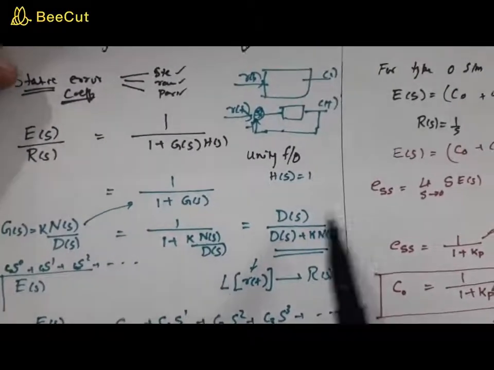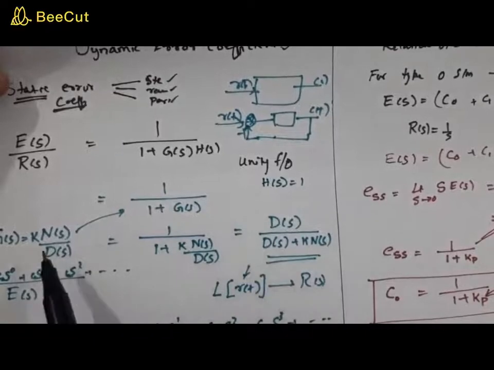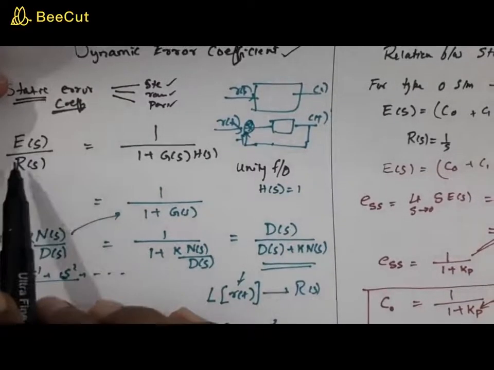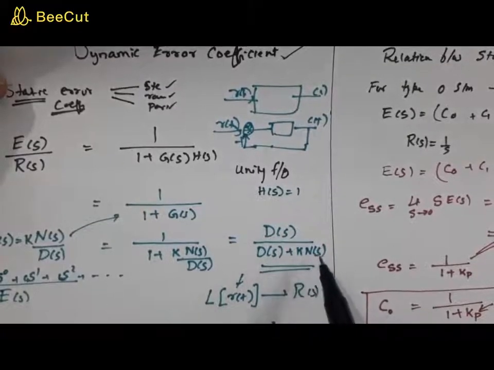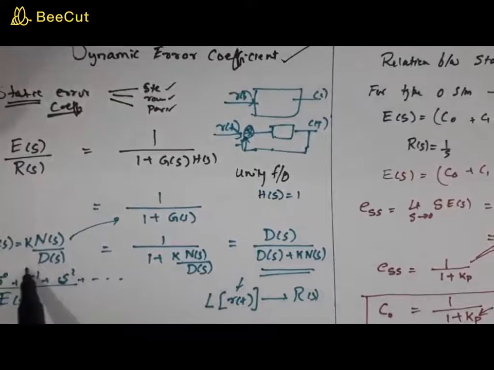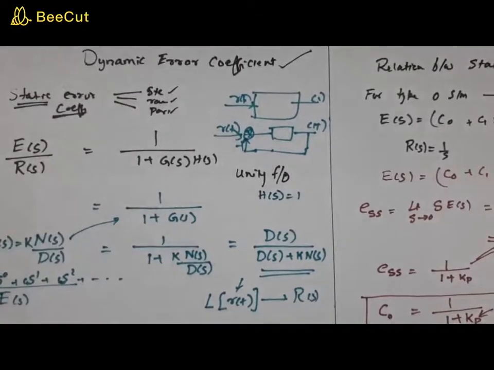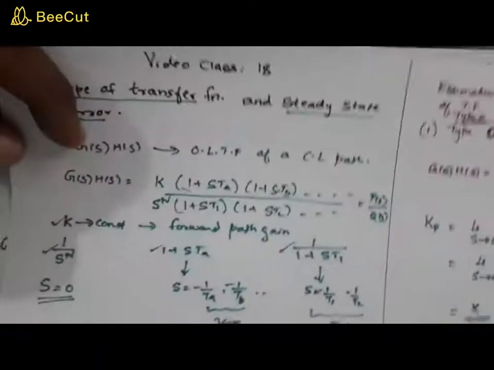Now, we have also seen that the transfer function will be d of s by d of s plus k into n of s. Now what is the denominator of g of s into h of s?